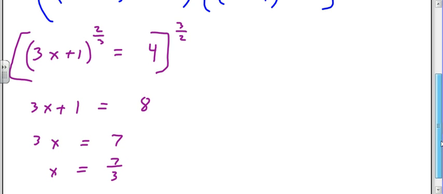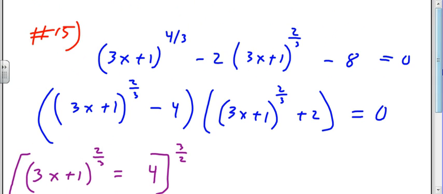Do I believe that? 7/3. Okay, I'm going to check that first. If it's 7/3, then 3x plus 1 is 8, which to the 4/3 is 16. Then 8 to the 2/3 is 4, times 2, which is minus 8, minus another 8 is 0. So the first answer checks.